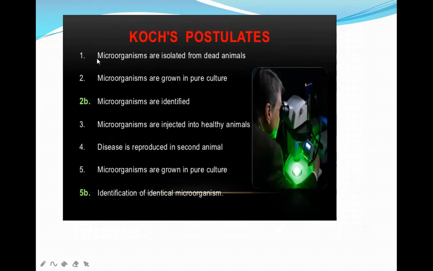Here you remember these steps. What did Koch do, or what is the Koch's postulate? In the first step, microorganisms are isolated from the dead animals, or from the infected plants, from the infected animals, from the infected host. This is the first step.